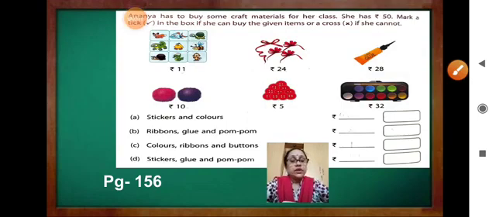Yes children, now open page 156. We will do the classwork together. And take out your notebook also. You have to do the rough work in your notebook. Now it is written, Ananya has to buy some craft materials for her class. She has rupees 50. Mark a tick in the box if she can buy the given items or a cross if she cannot.